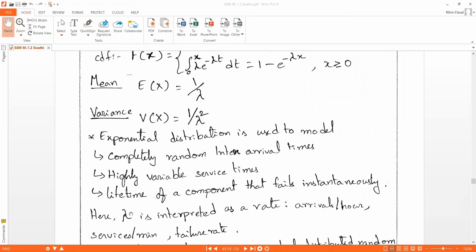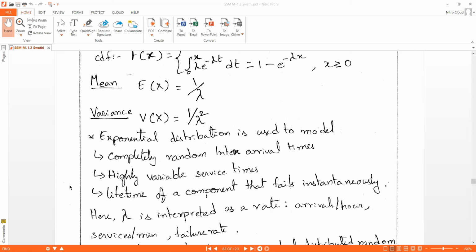And the exponential distribution is used to model completely random interarrival times. Random interarrival times we can model by using the exponential distribution, as well as highly variable service times and the lifetime of a component that fails instantaneously.